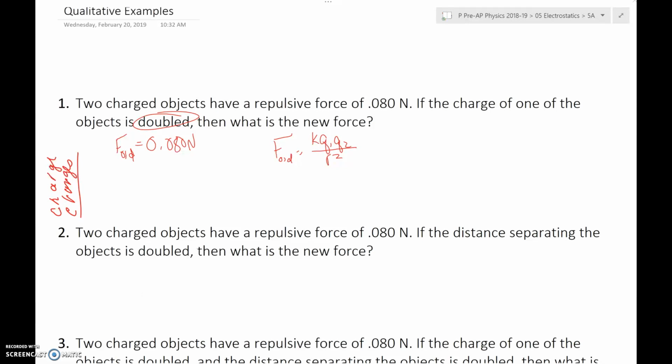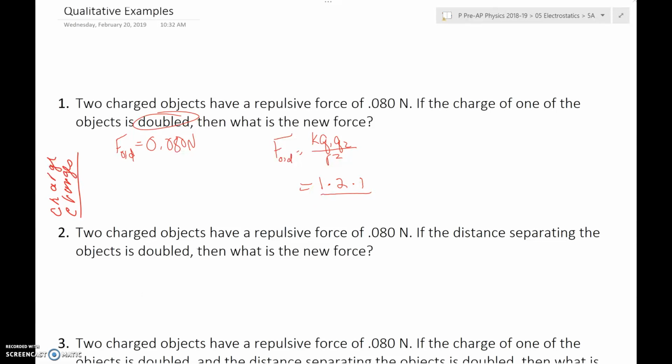So in that case, does Coulomb's constant change? No. Coulomb's constant, so we just write a 1. Does charge 1 change? I don't know if it does, but one of them changes. Does it matter if it's Q1 or Q2? No. So we'll just put it in there. There's the charge that changes, and then the other one doesn't, so it's right there.